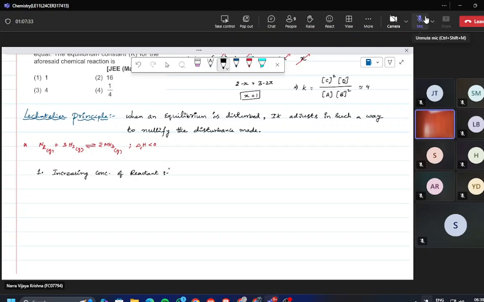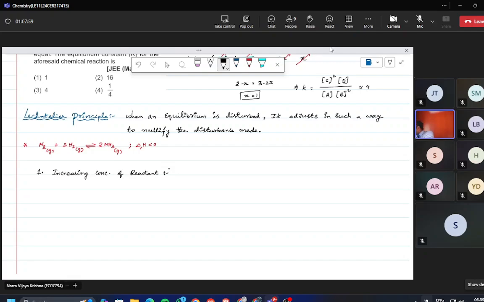If I try to increase concentration of reactant, it tries to decrease it. How will the concentration of H2 be decreased? If the reaction happens in forward or backward direction? If a reaction is moving backward, what happens to H2 concentration? Amount of H2 increases.